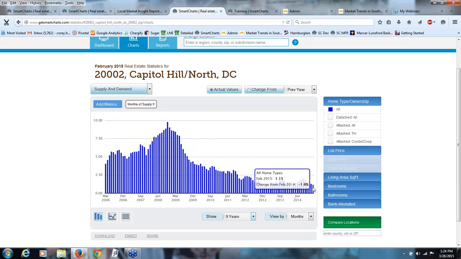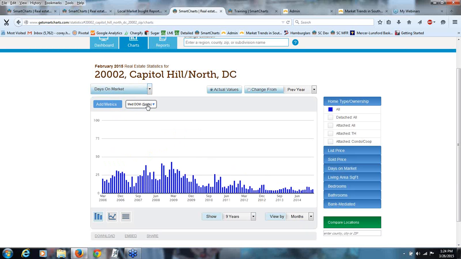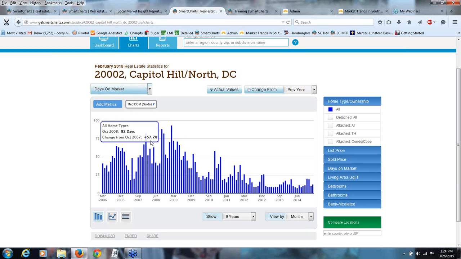That months of supply of 1.15 for a zip code that actually has 40 or 50 sales a month, that's remarkably low. I'd want to represent buyers and sellers interested in this zip code because the success rate at months of supply corresponds pretty well with days on market. So we can see how high it had gotten during time when there was excess supply relative to demand, and just how low it's been for some time.